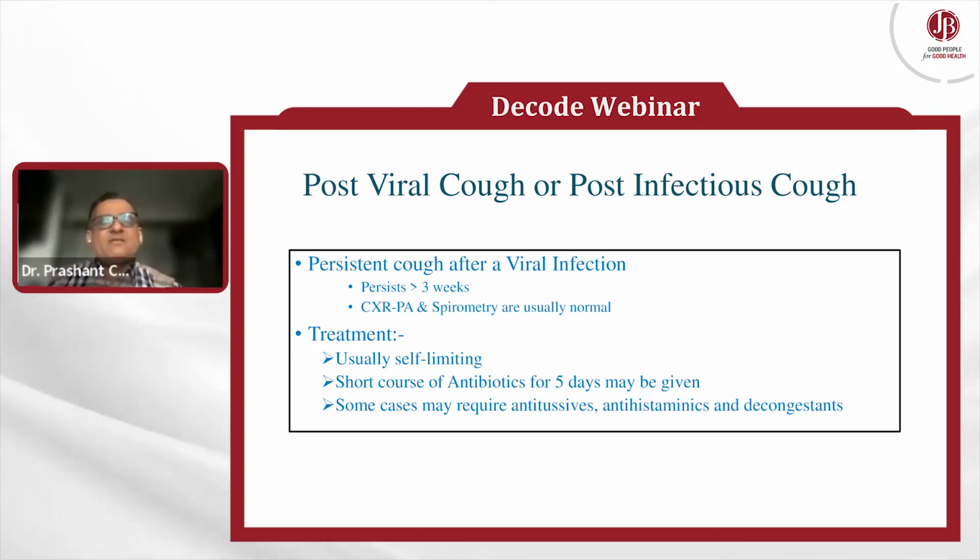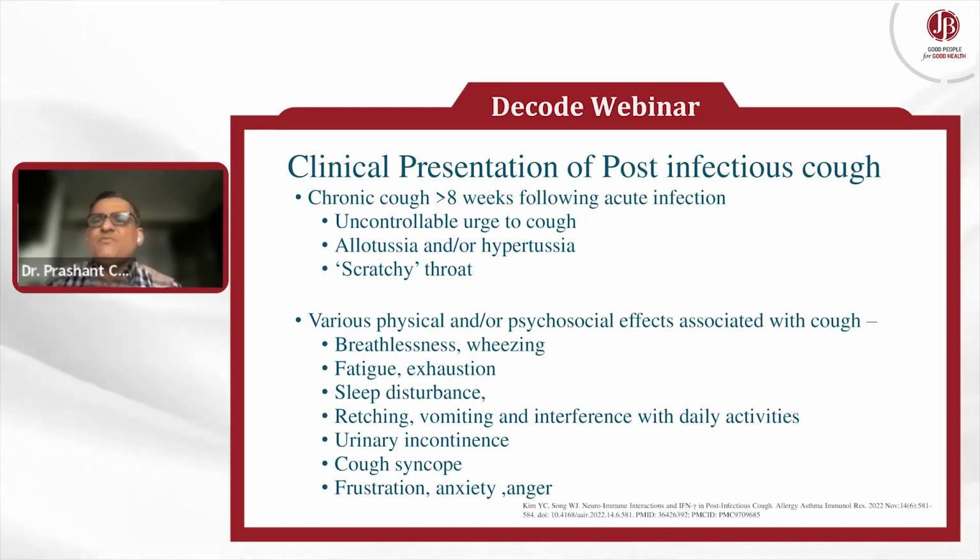So how do you suspect a post-infectious cough? Cough which is there for more than 8 weeks following an acute infection. There's an uncontrollable urge to cough, and various physical or psychosocial effects are associated with that. So if there is wheezing, often we see that the post-infectious cough can also come with tracheobronchitis, and these individuals can have wheezing.